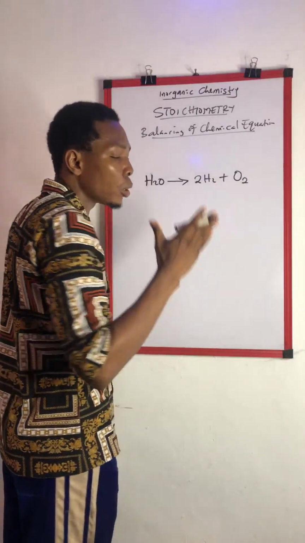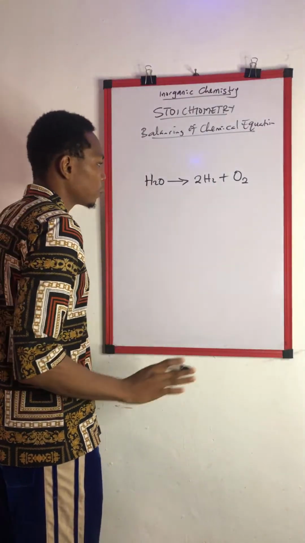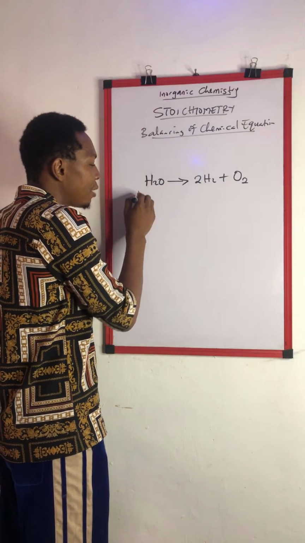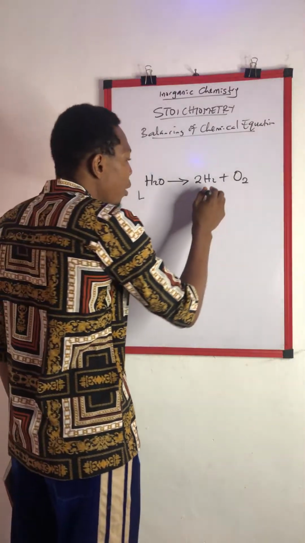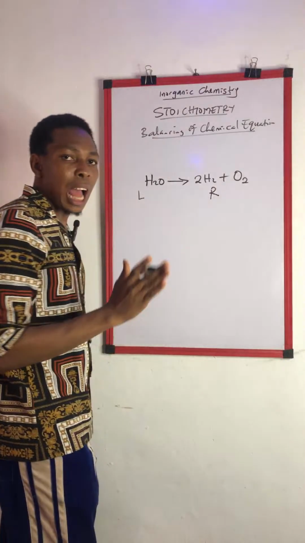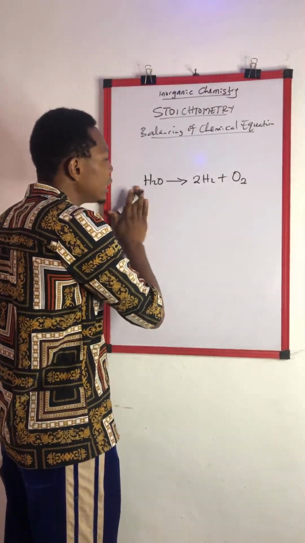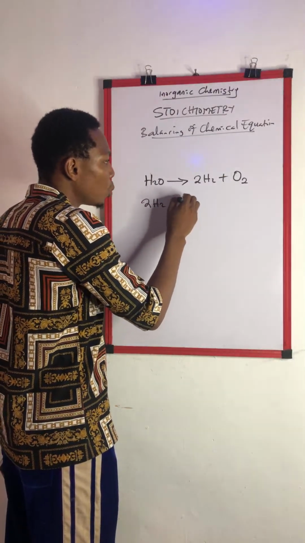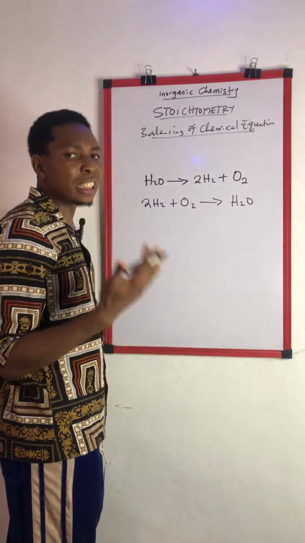This equation is unbalanced. Before we balance it, please pay attention. This side, my left side, is known as the reactant side, while my right side is known as the product side. If you turn it the other way around, maybe you are having 2H2 plus O2 to give us H2O, it's still the same thing.